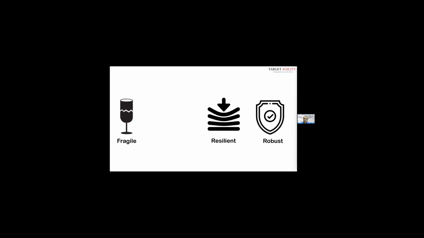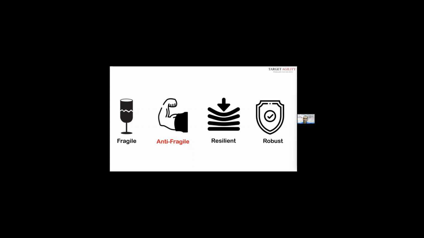To help us differentiate between a resilient and a robust item, think boxing. Robustness is how much we can take before we fall down, and resilience is how long it will take us to stand up again. But there's something missing in between fragile, resilient, and robust, and that is where anti-fragile comes into the picture.